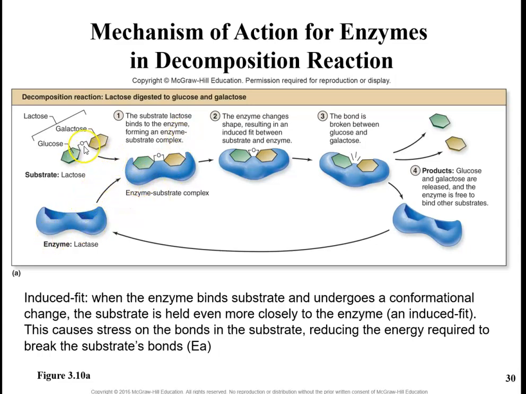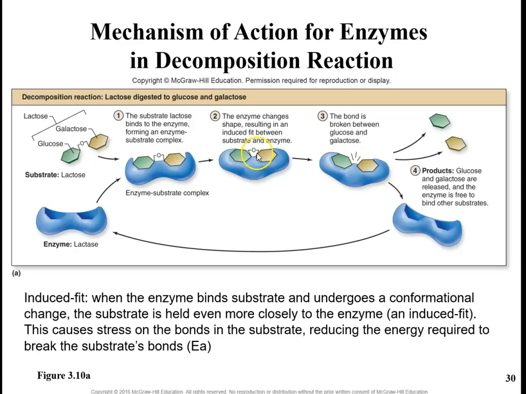It binds with its substrate lactose, forming an enzyme substrate complex. Now, once the substrate binds, the enzyme undergoes what's called a conformational change, meaning that it slightly changes its shape.